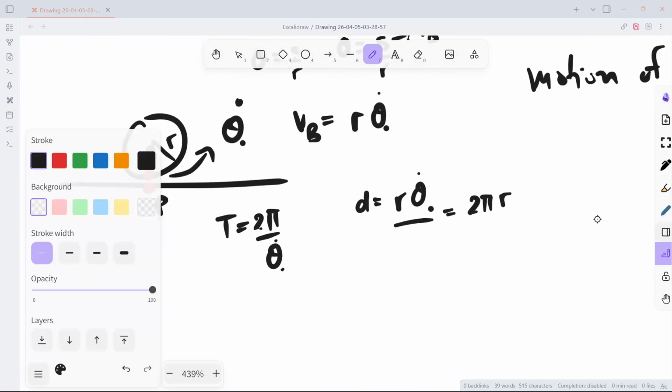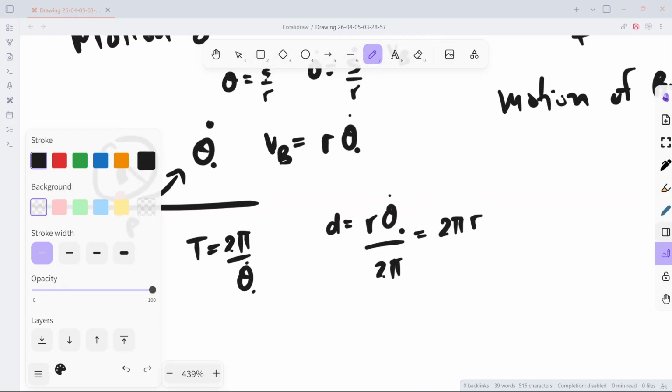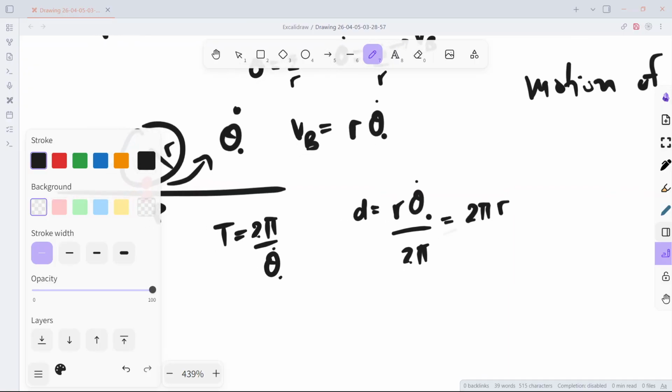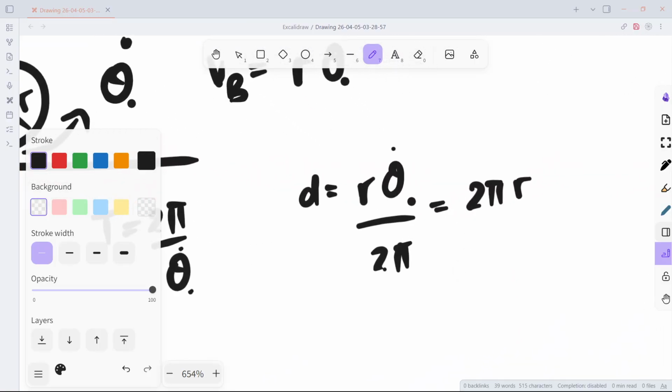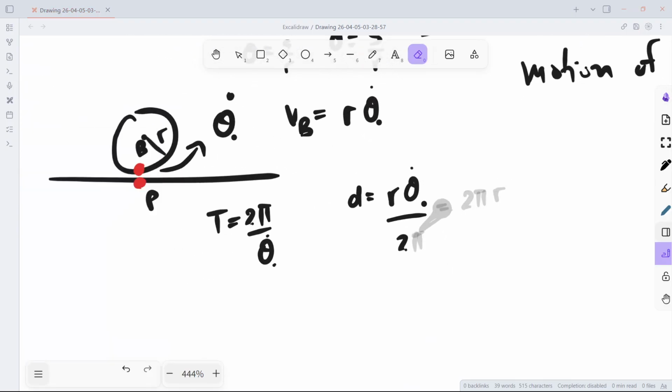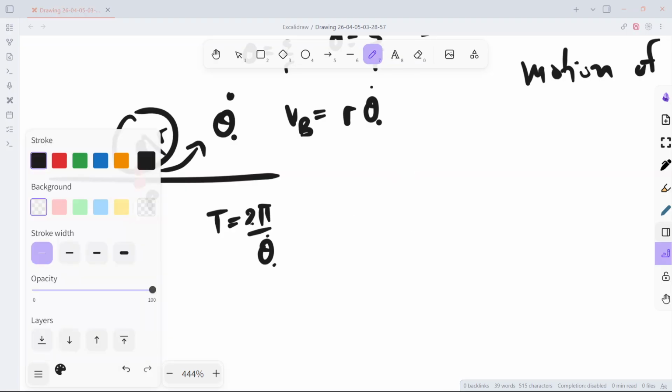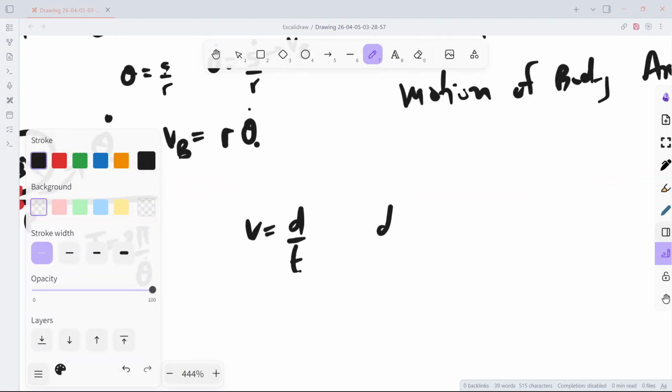But t is 2 pi over theta dot. Oh, wait. Yeah, 2 pi by omega. Velocity over time. Oh, no. What am I doing? Velocity equals distance upon time. So distance is velocity times time.